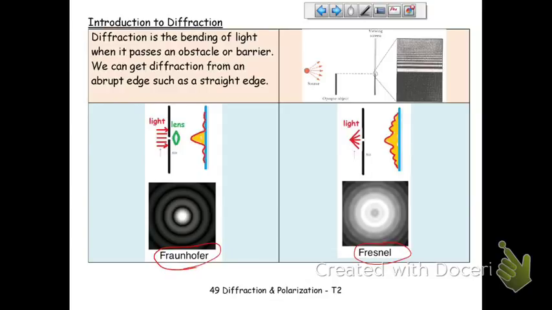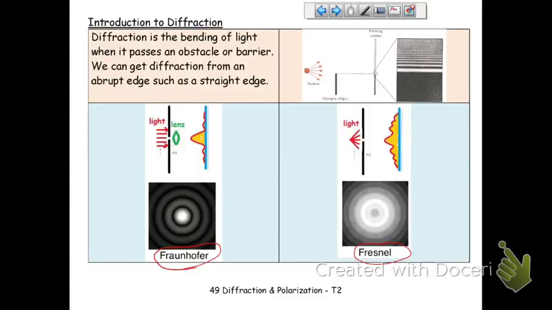The difference is either you have a lens to make it think it's a long way away, or you make it a long way away. So it's geometry that makes the difference. All I want you to know is that there are two diffraction pattern setups. One is Fraunhofer and one is Fresnel.